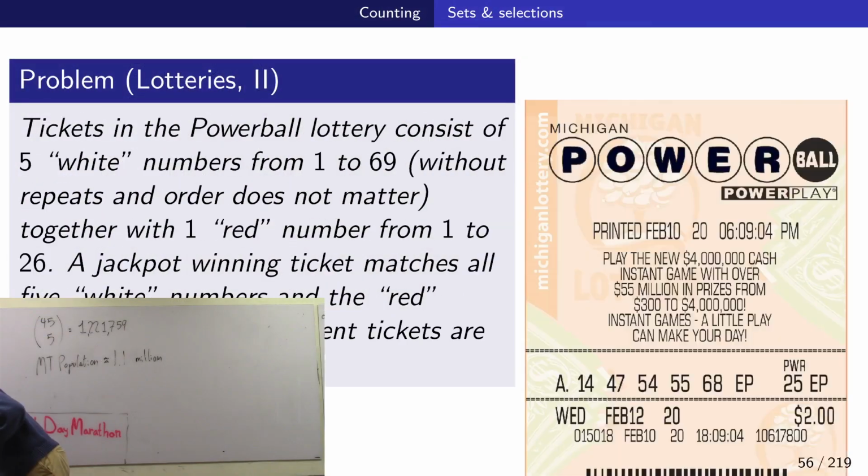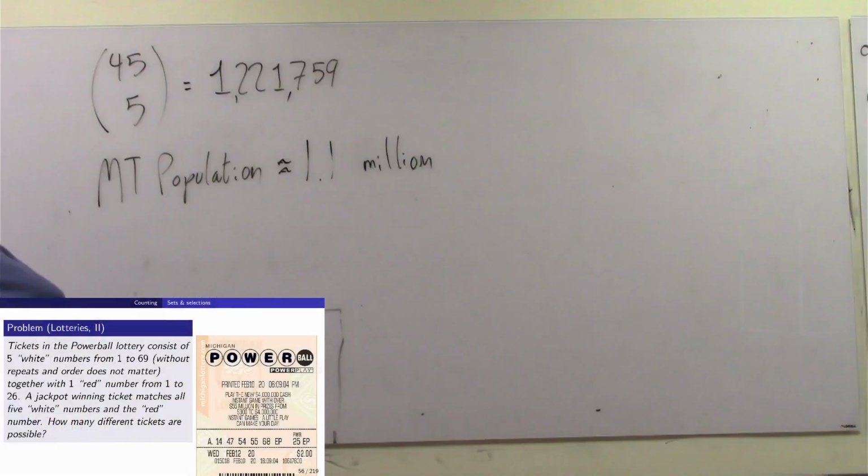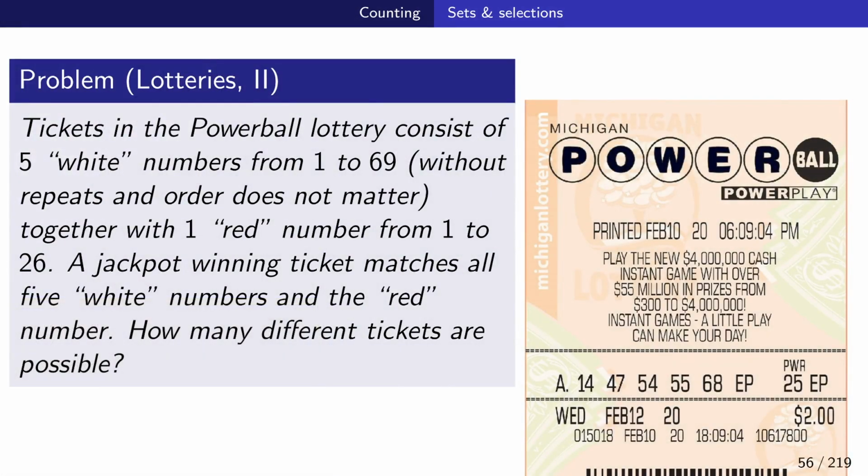Let's talk about, on the other hand, Powerball. Powerball is a lottery ticket throughout the United States. And with this one, it has a different rule. Now there's 69 numbers to choose from. And again, it doesn't matter the order. It's like bingo.